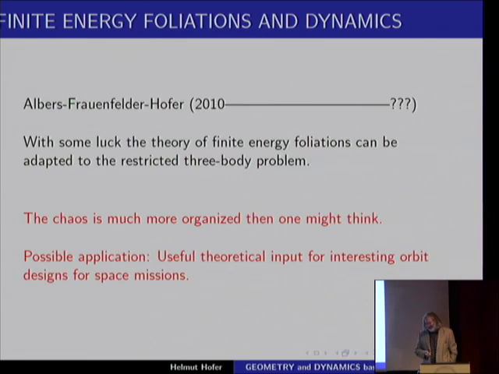And let me say that I had the chance to discuss this a little bit with Belbruno, who did a lot of computations in orbit design, exploiting the chaos. From a mathematical point of view, I cannot say that we are there yet. We can show it for certain energies and so on, but there are still some issues.